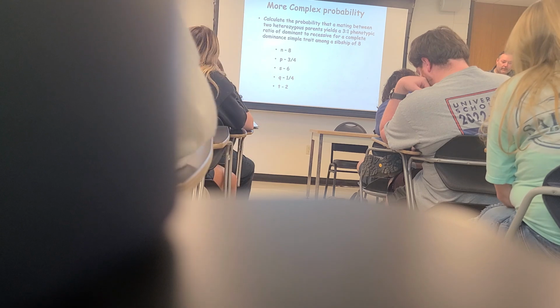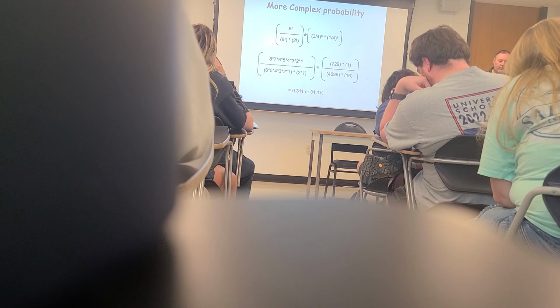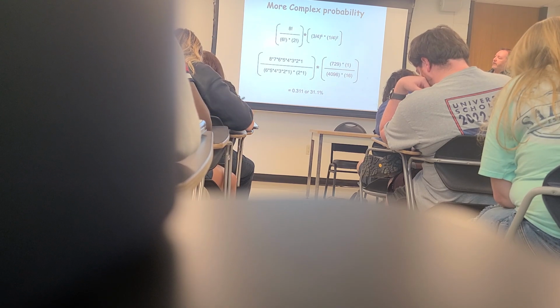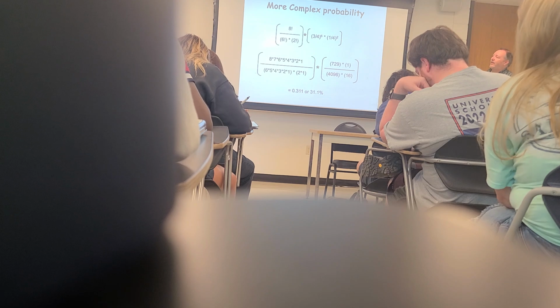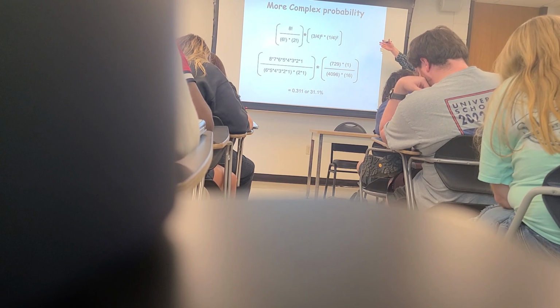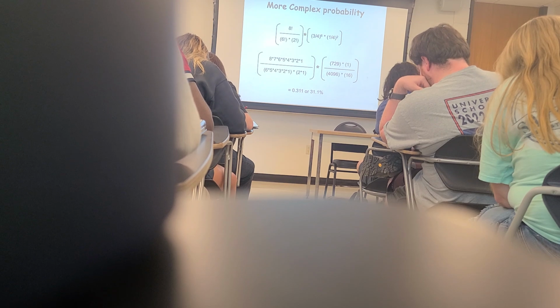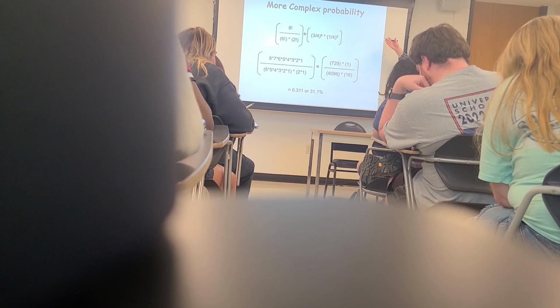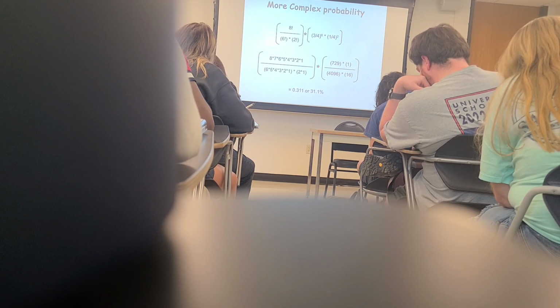So now that we have all of the numbers defined, we put them into our equation and we do the calculation. Again, I break down all the numbers individually, in this case I haven't done that quite that far. 8 factorial divided by 6 factorial times 2 factorial, 3/4 to the power of 6 and 1/4 to the power of 2.